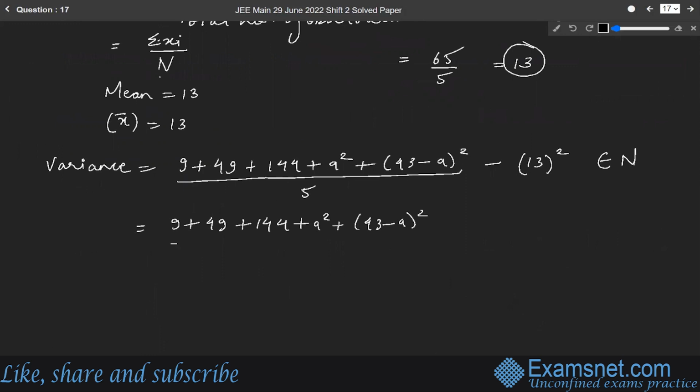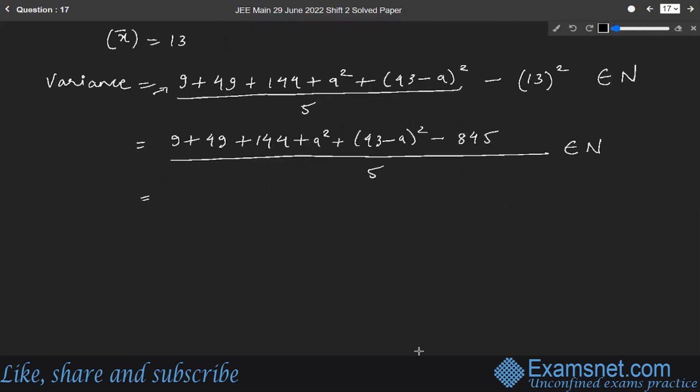When we take the LCM it will be 5, right? And the numerator for the first part will be the same. Minus 5 into 13 square. What is 13 square? 13 square is 169, right? 13 square means 13 into 13. So it is 169. 169 into 5 is 845. So 845, and it belongs to N, right?